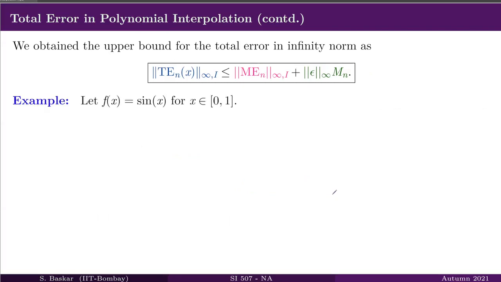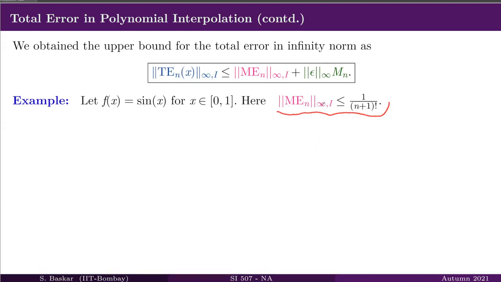Let us take up the example of f of x equal to sine x in the interval 0 to 1. Recall that we have considered this example while learning the mathematical error. And if you recall, we have also derived the upper bound for the mathematical error in this case as 1 by n plus 1 factorial.